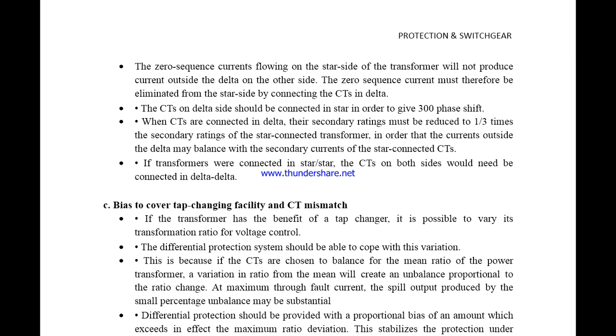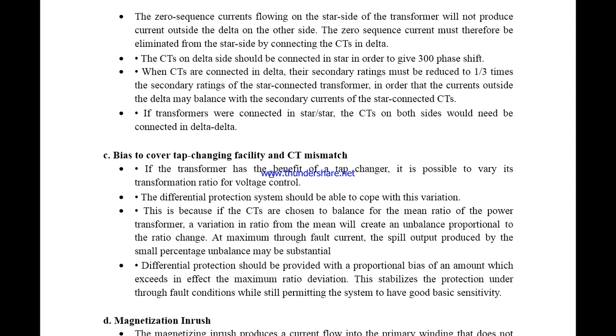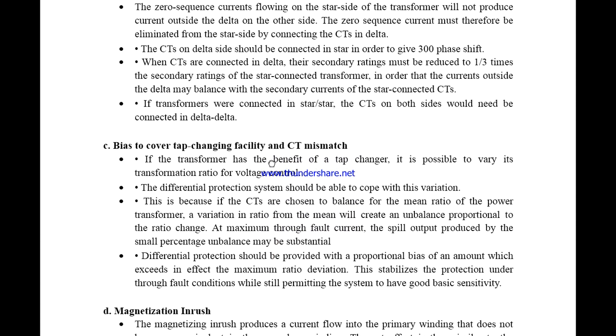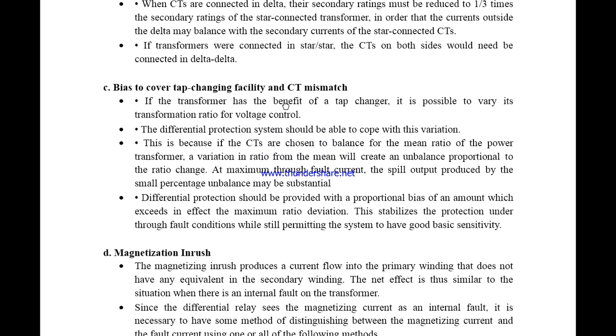When the CTs are connected in delta, their secondary ratings must be reduced by 1 by root 3 times the secondary ratings of the star connected CTs, so that the currents outside the delta may balance with the secondary currents of the star connected CTs. If the transformers are connected in star, the CTs on both sides would need to be connected in delta.